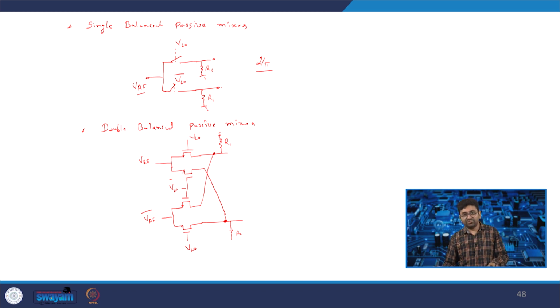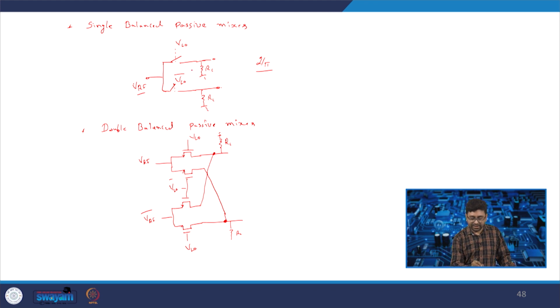The only difference is that here the LO is a switch in the MOSFET. The RF signal whatever is coming is switched and you are getting a differential signal. Now when you are making the double balance version, it will help us to cancel the LO feed through, because as I discussed in the last class, there is a constructive interference for VRF and destructive for VLO, and it will reduce the LO feed through in a double balance.